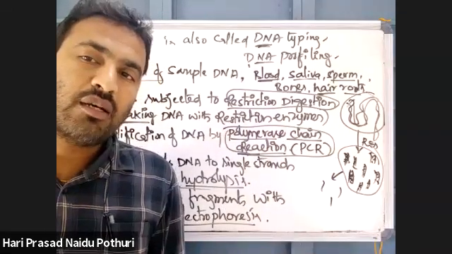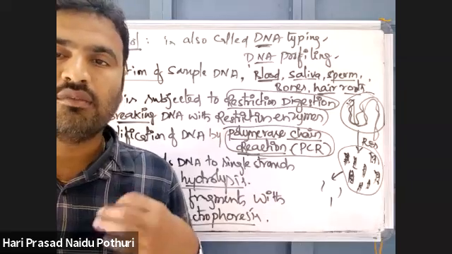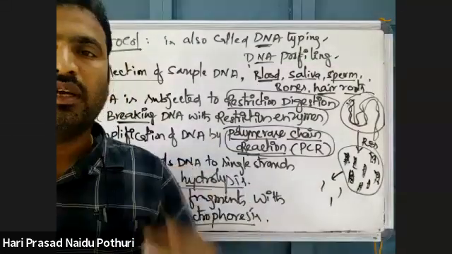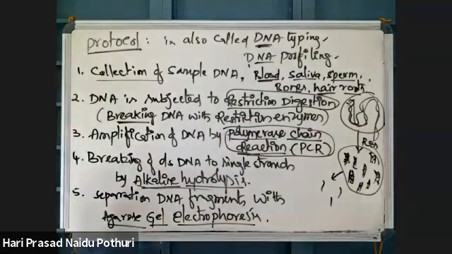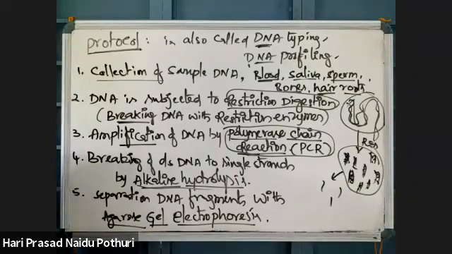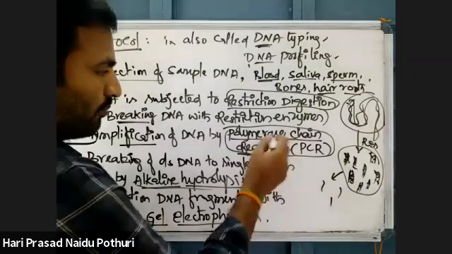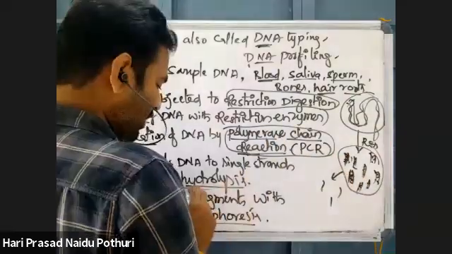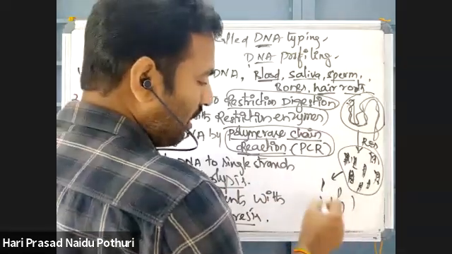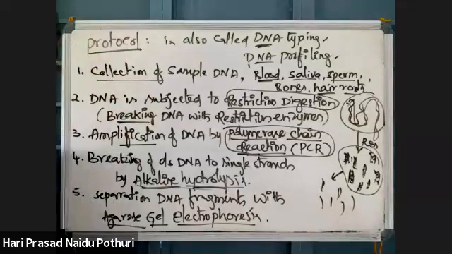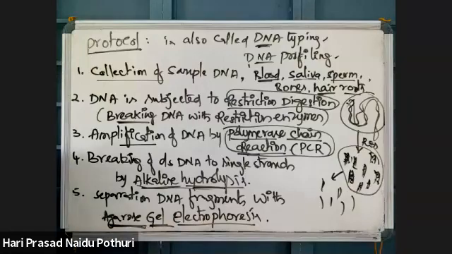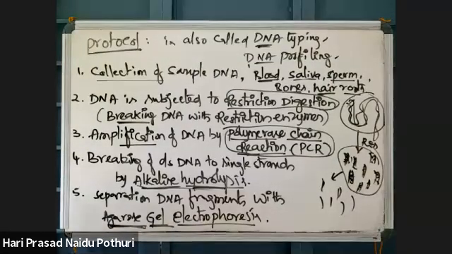PCR, the polymerase chain reaction, is amplification, where more DNA is produced. Once it is produced by PCR, it is separated into single strands by alkaline hydrolysis, and then subjected to agarose gel electrophoresis.